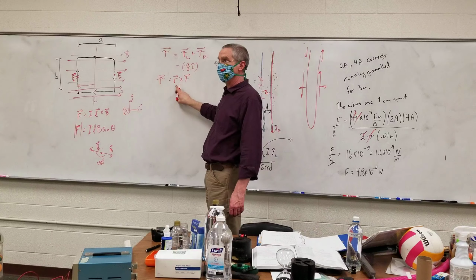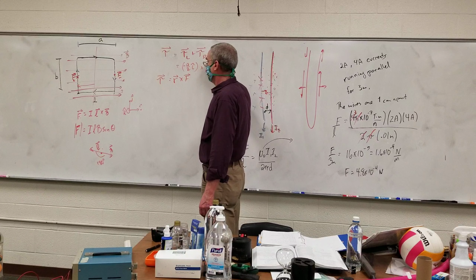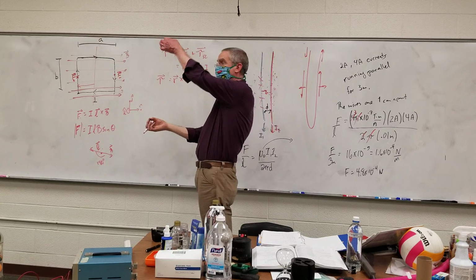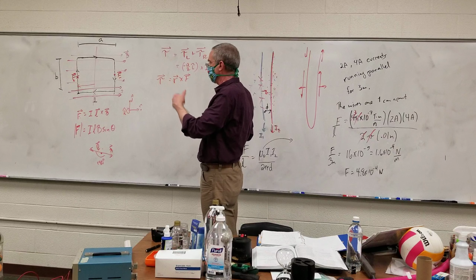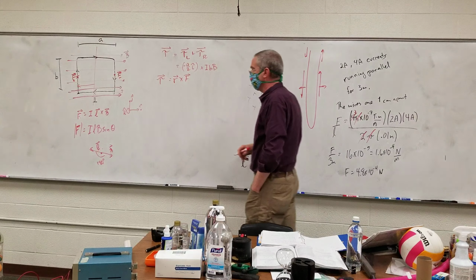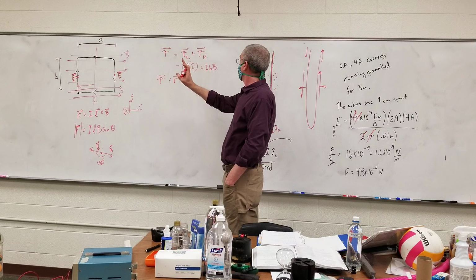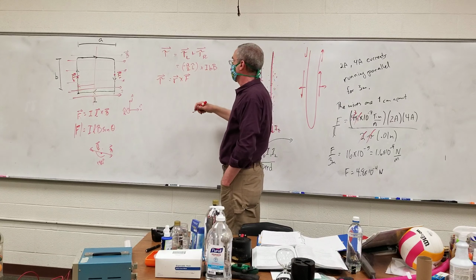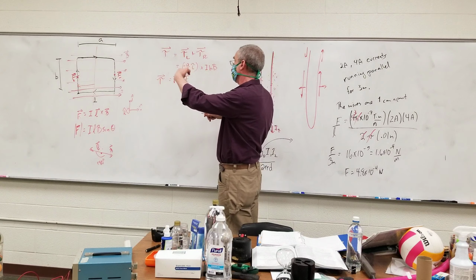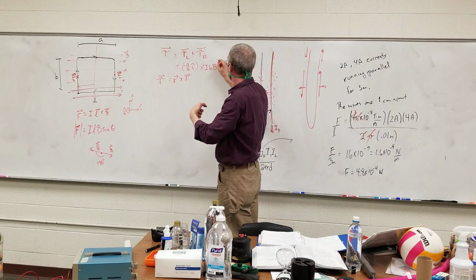That's my R there, cross my force, which is I times the length of that, which is little b, times big B, and it's 90 degrees, so the sine of 90 degrees is 1. And the force is into the board, which is the negative K hat direction, so negative K hat.